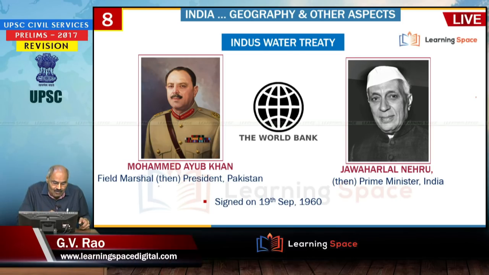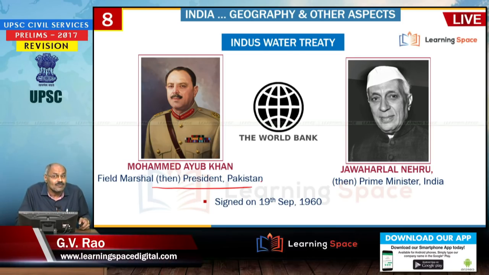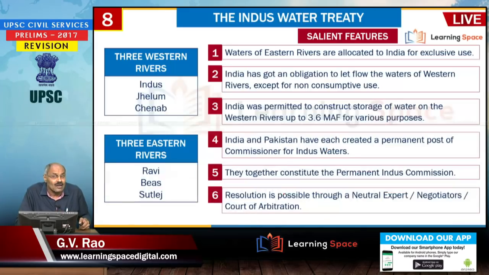So, here Muhammad Ayub Khan, president of Pakistan, then Jawaharlal Nehru, first prime minister of India, were associated with this, and the World Bank was also associated with that. So, it was signed in 1960, the Indus water treaty. Eastern rivers are Ravi, Beas, Satluj, and Beas is the tributary of Satluj, do not forget.